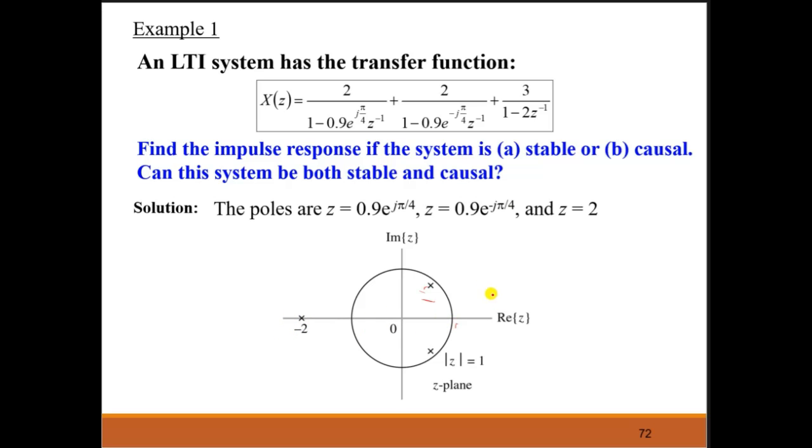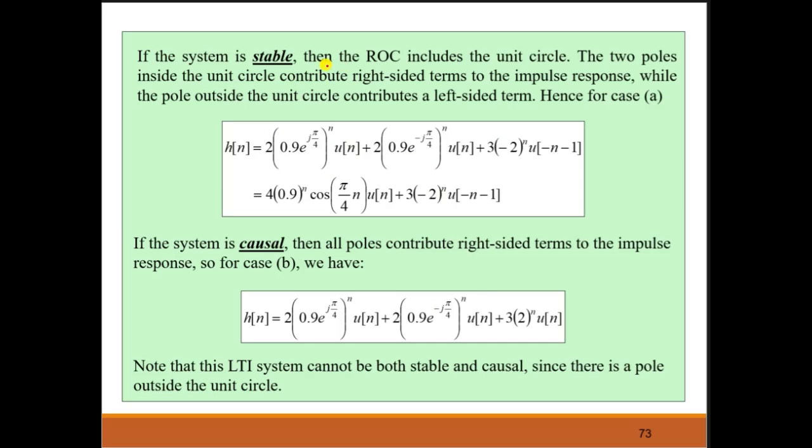So kalau dia nak causal tadi, dia nak stable. So kalau kita letak untuk answer for A ni, for the system to be stable, the ROC must include the unit circle. So the two poles inside the unit circle contribute to right-sided terms to the impulse response, while the pole outside the unit circle contributes to a left-sided term.